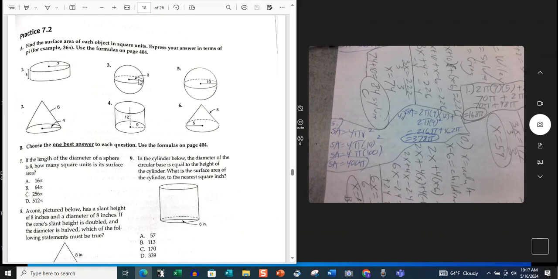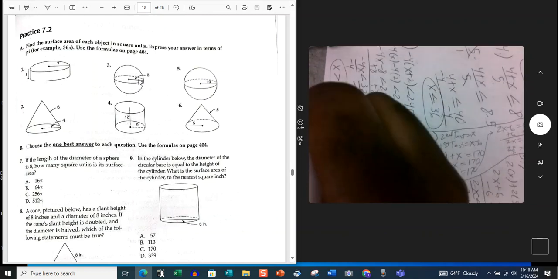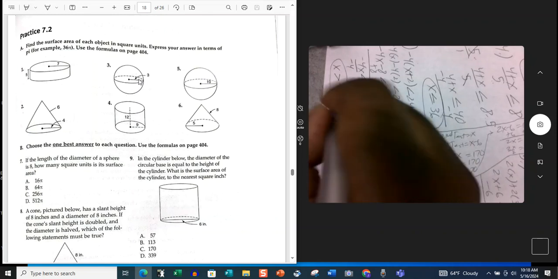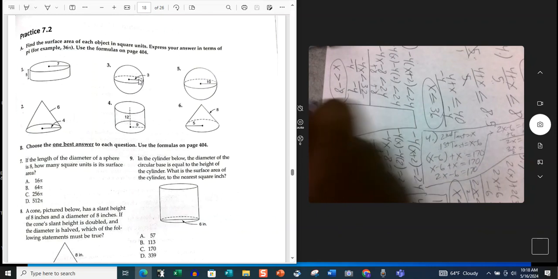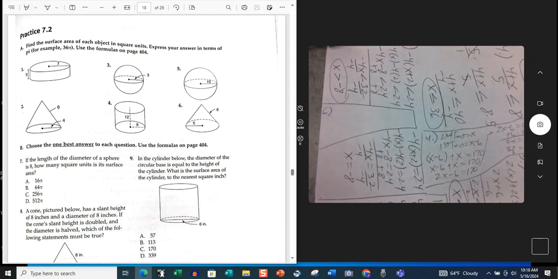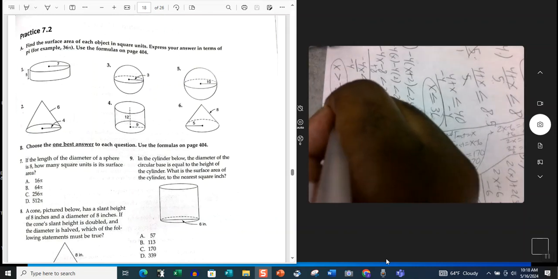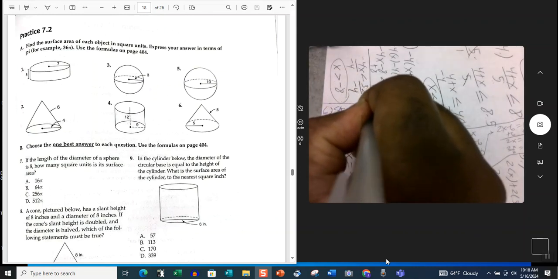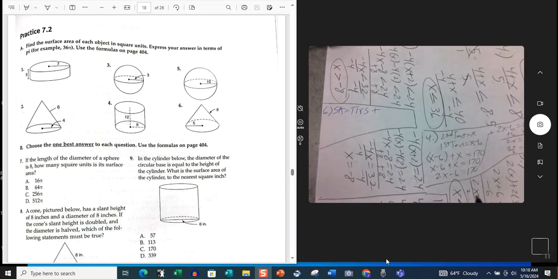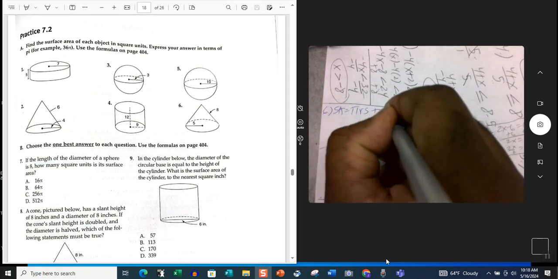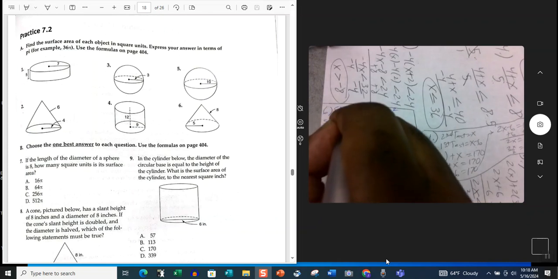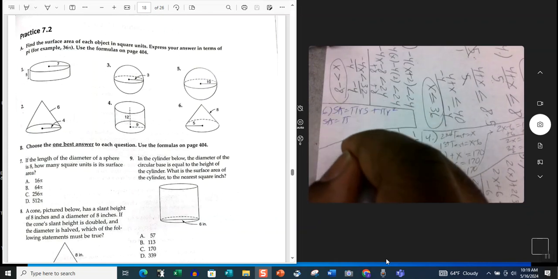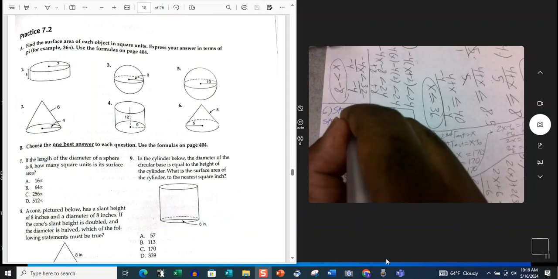Now number 6. So we have the surface area of a cone. So we would have the formula. Surface area is equal to pi radius times the slant side plus pi radius squared. Okay, so now we have the surface area is equal to pi, and then the radius is 5.